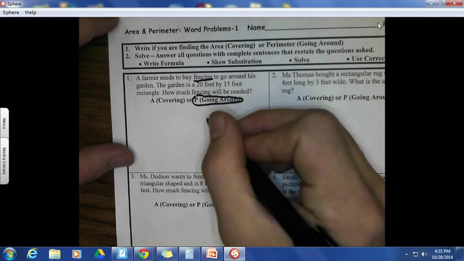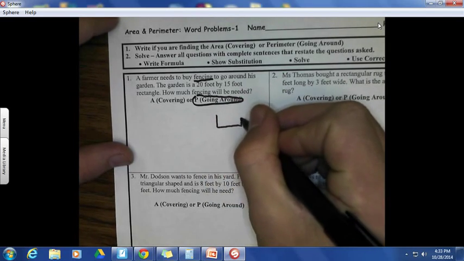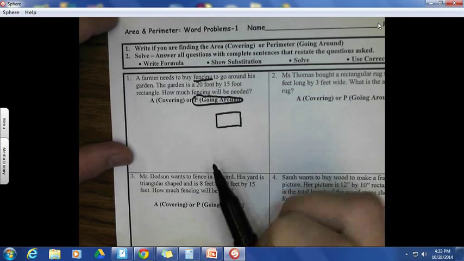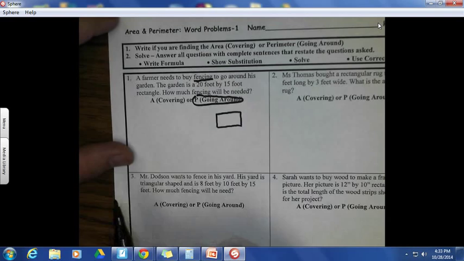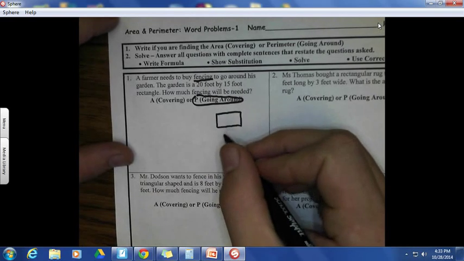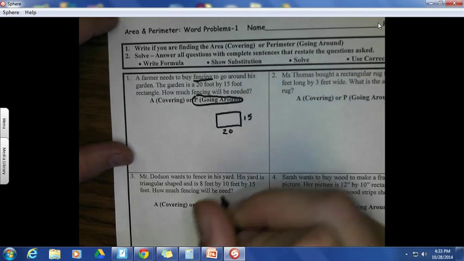So let's write, I like to draw a picture. So here is the garden that the farmer wants to build a fence around. So we have a 20-foot section and a 15-foot section.